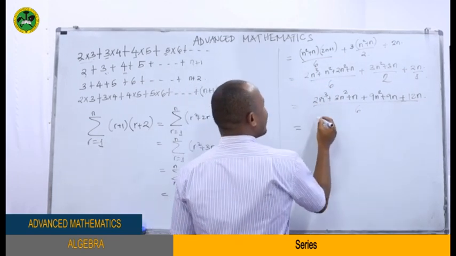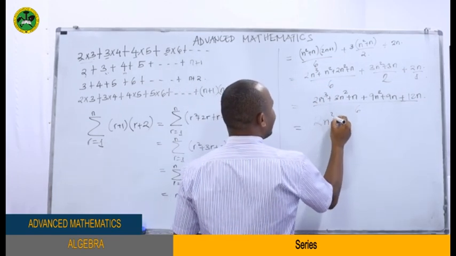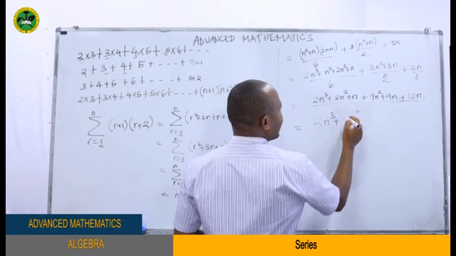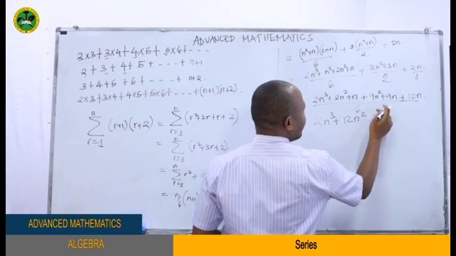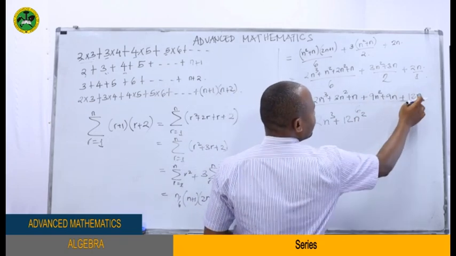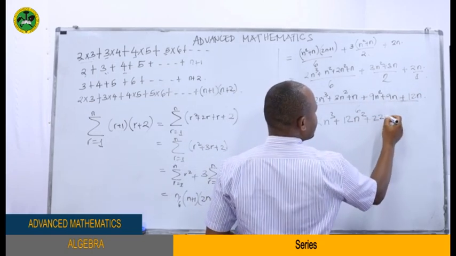Collecting like terms, then we are going to have 2n cubic, 3 plus 9 is 12n square, n plus 9 plus 12 is 22n, over 6.